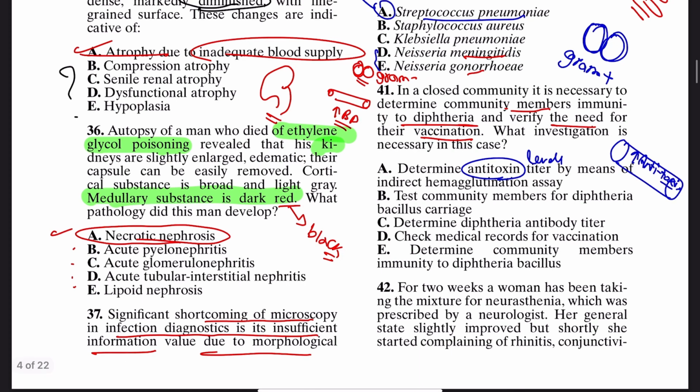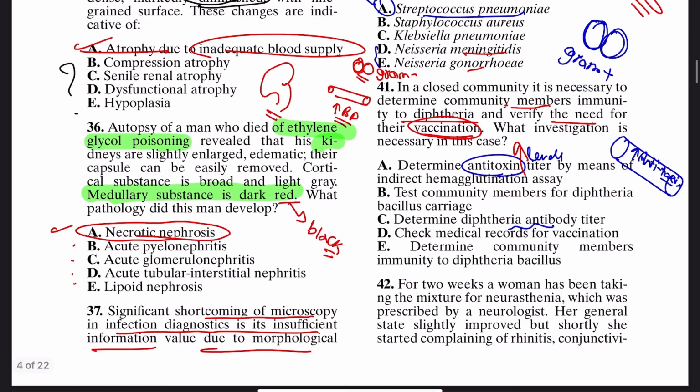So if they have an increased titer or level of antitoxins, no need for vaccination. Antibody titer is not correct, because diphtheria forms toxin, and what should form against it? Antitoxins. So diphtheria attacks by toxin, and we need antitoxin against it. If antitoxin is present in the body, no need for vaccination. If it's not present, we give vaccination.